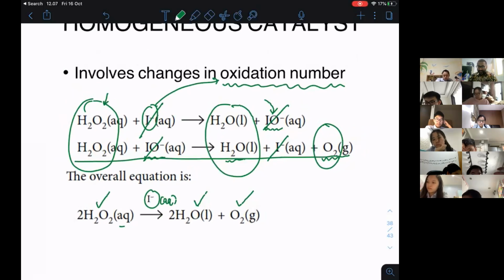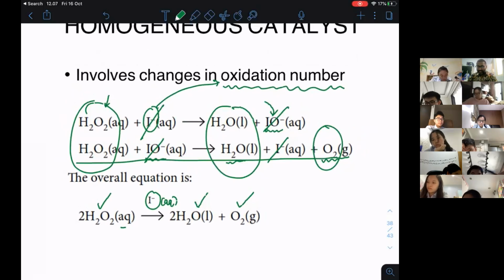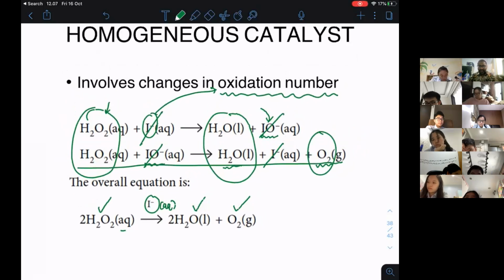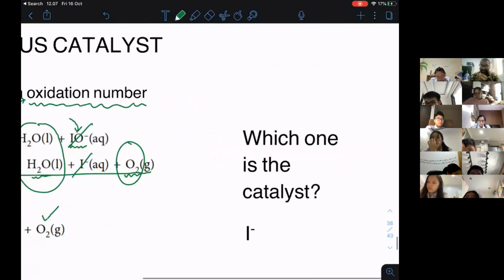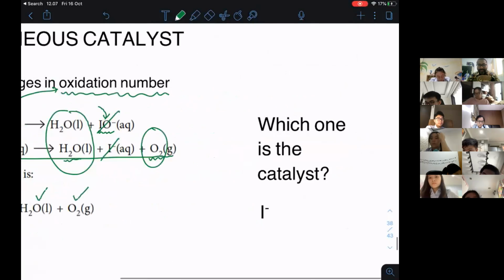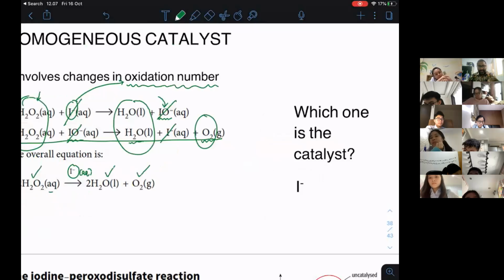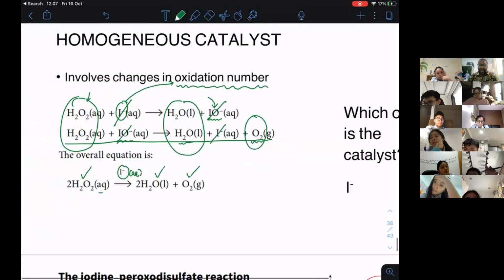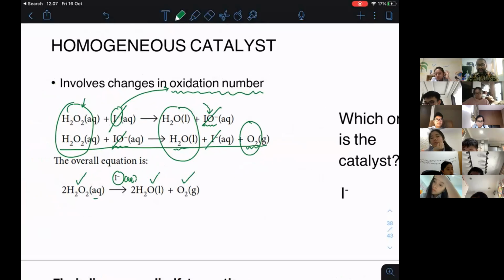If I ask you which one is the catalyst for this reaction, normally I put it in a PowerPoint slide, but the answer is already there. The catalyst is going to be I minus. But if I ask you why I say that I minus is the catalyst here, what is the reason?